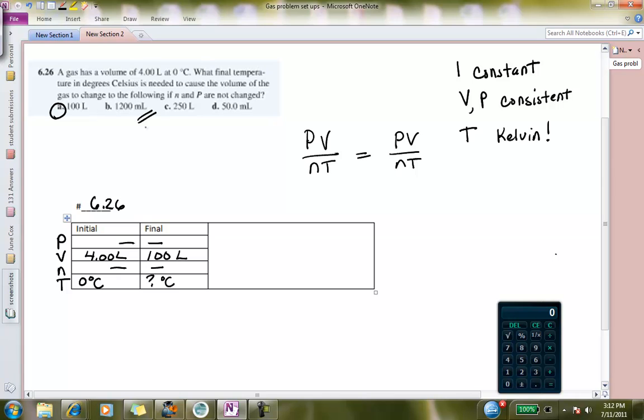If we would have used 1,200 milliliters, we would have needed to make sure that both of our volume units were the same. Well, the first thing I'm going to have to do with this temperature is add 273 to it, which will give me 273 Kelvin.